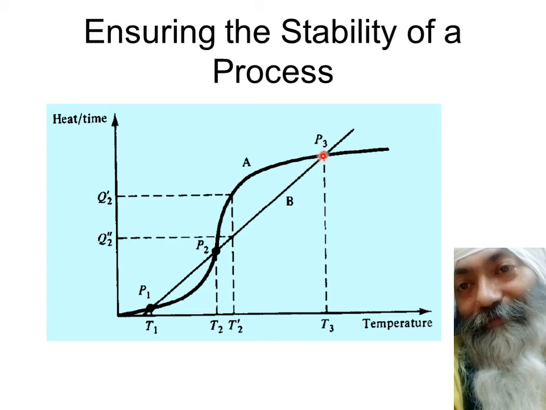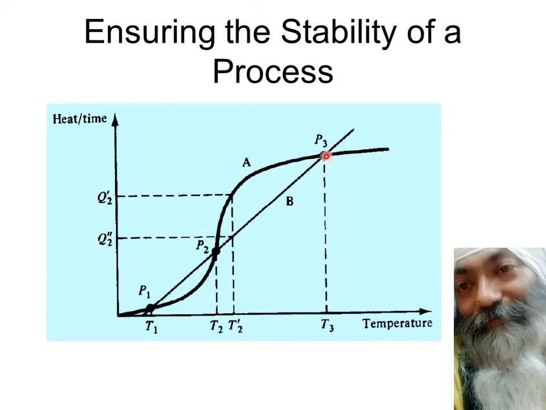What happens at P3? What if the temperature becomes higher? The temperature becomes higher, heat absorbed is more, and at this point heat released is less. Because heat absorbed is more and heat released is less, the temperature will again come back to T3.